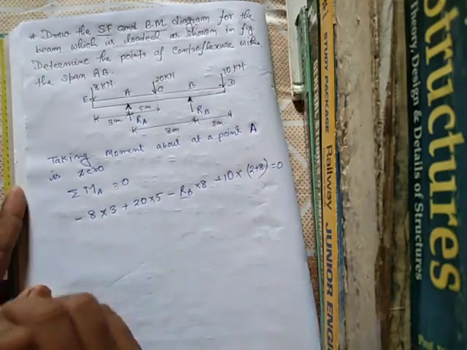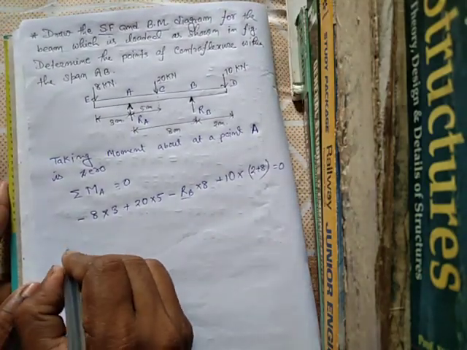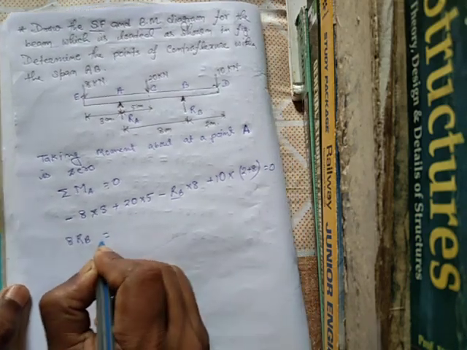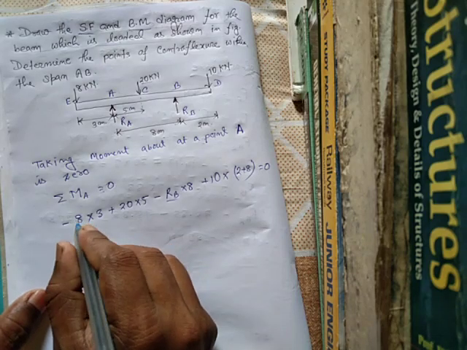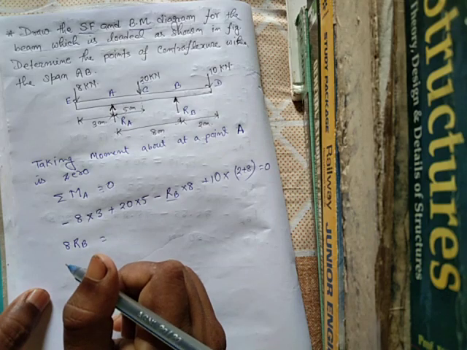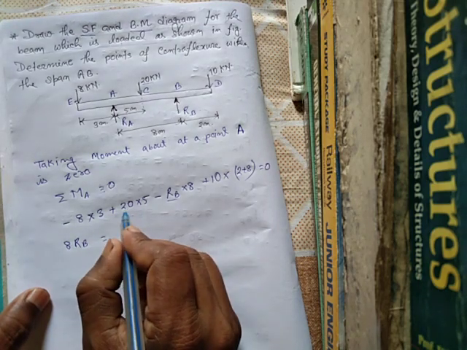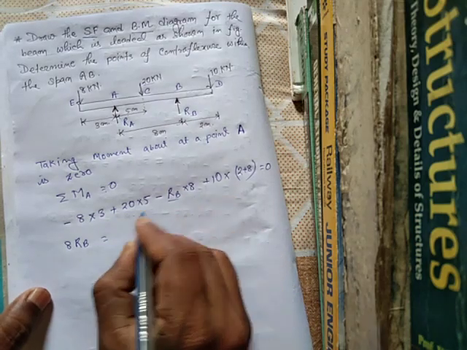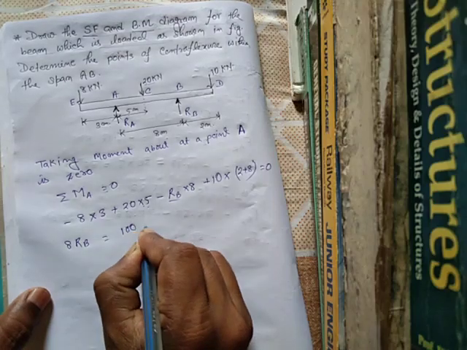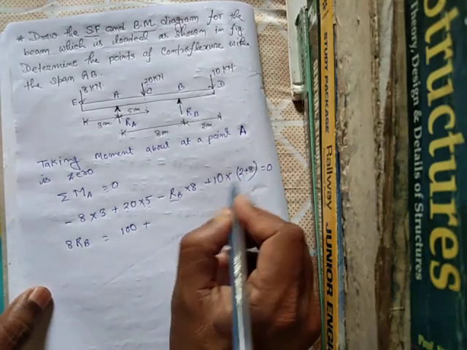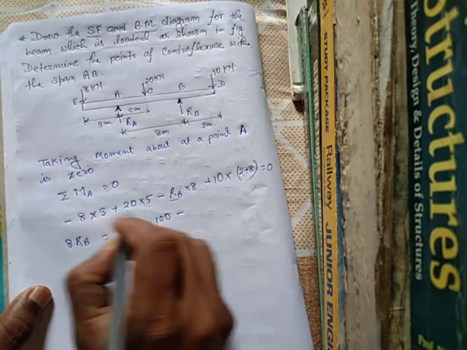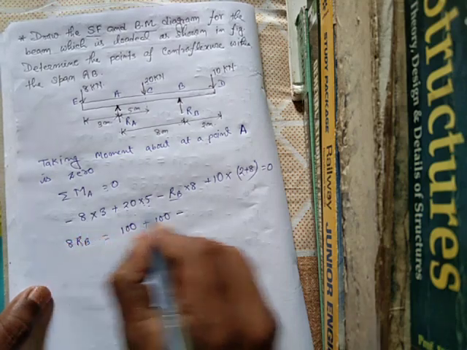Now find the reaction RB. So 8 RB equals what? 20 into 5, 100, plus 10 into 10, also 100, minus 8 into 3, 24.